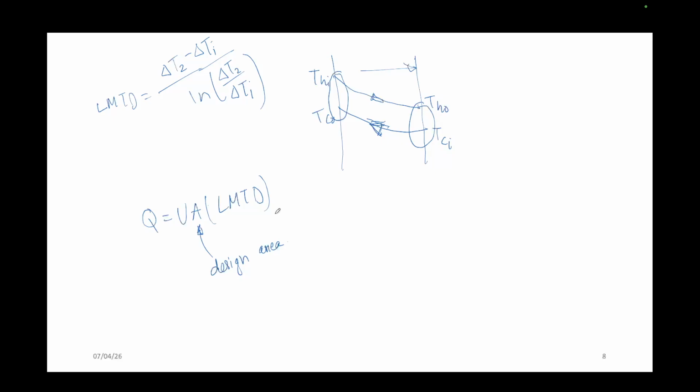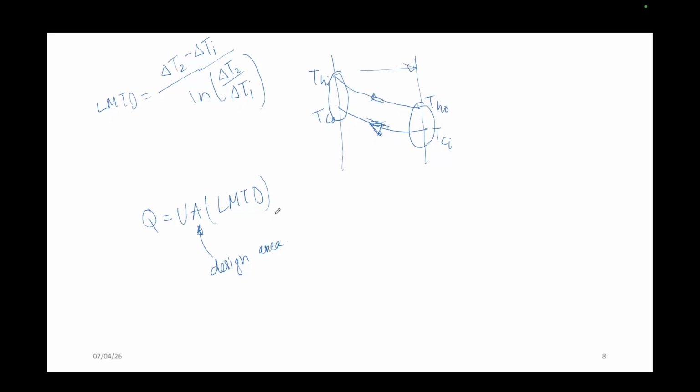There is a data book. In the data book, corresponding to a certain value, you will easily get to know how many tubes should be there, what is the diameter of the tube, and what should be the diameter of the shell, and all these things. There is a name for this convention. It is known as the TEMA convention.